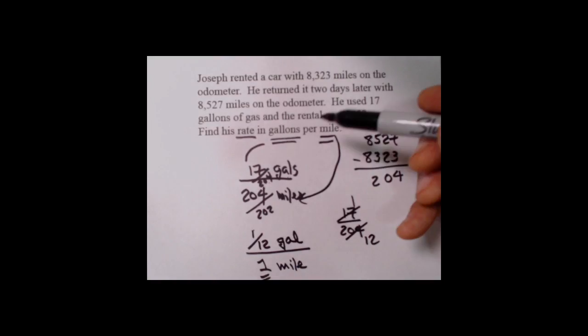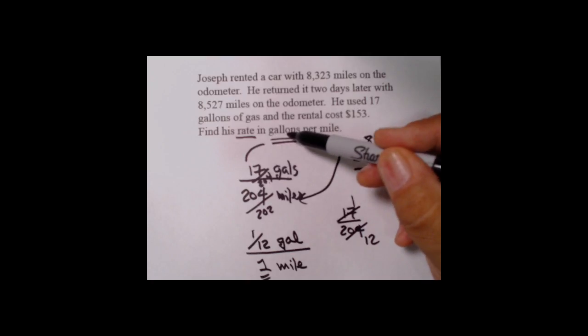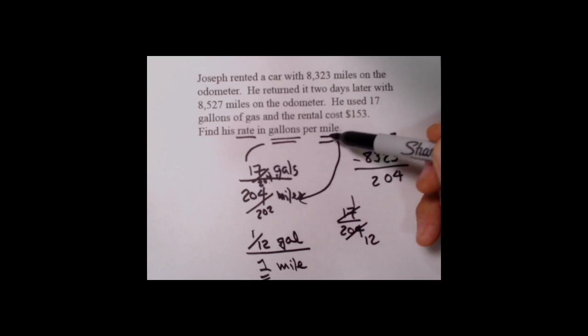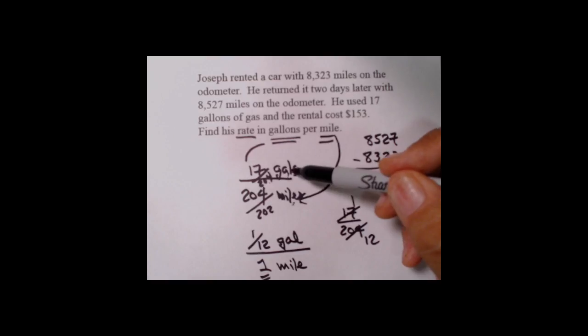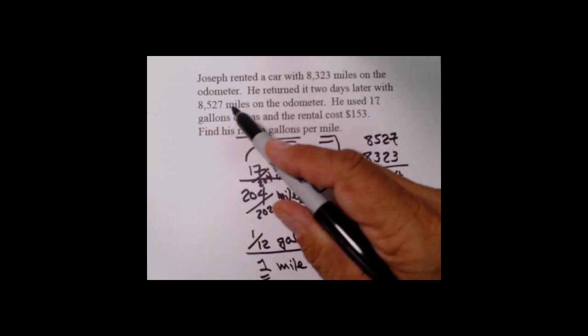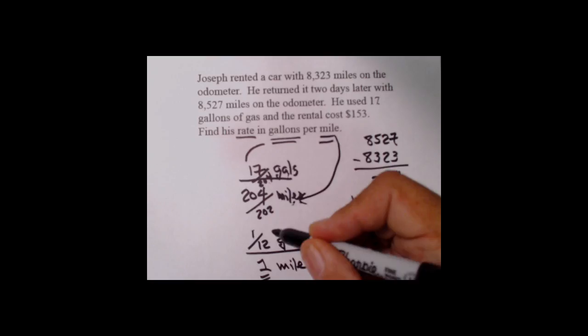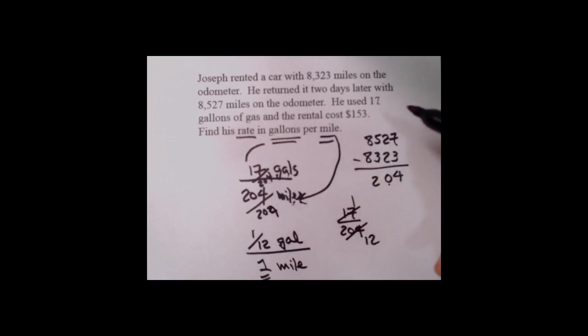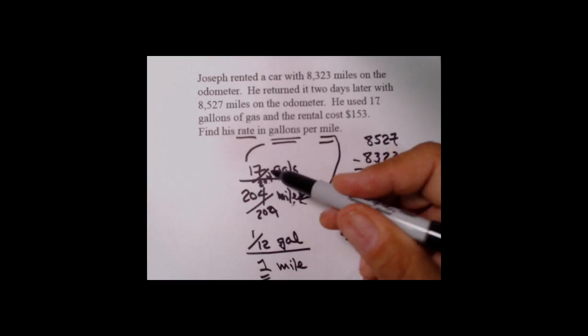So again, remember the rate we wanted was in gallons per mile, so we knew the first guy went on top, the second guy went on bottom, so we only got the information we needed that dealt with gallons and miles. Well, he used 17 gallons, we got that direct. We had to take the difference in the odometer readings to see how many miles. It was 204, and so what we did is we divided both top and bottom by the 204.